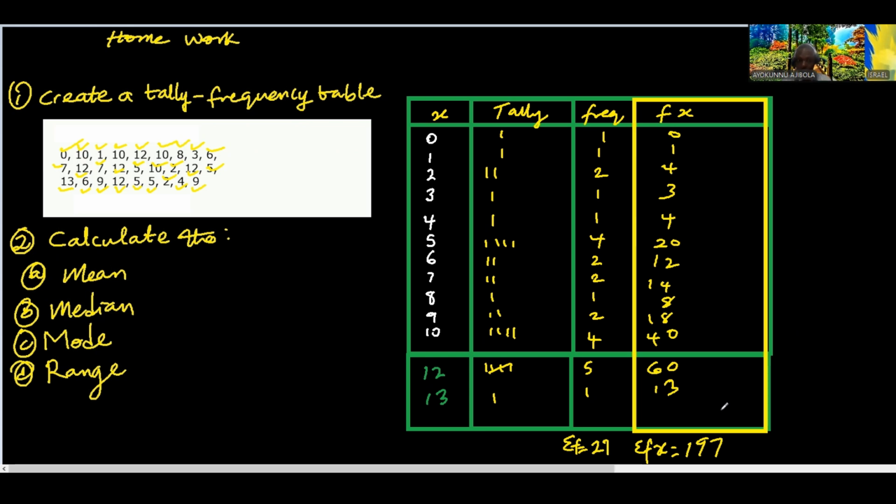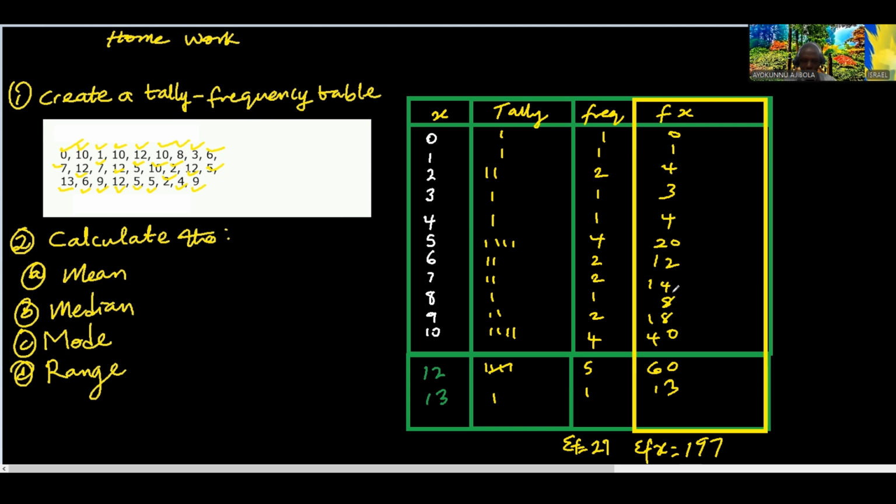Very quickly, let's cross check to be sure that the answer is right. So this is 1, this is 5, this is 8. 8 plus 4 is 12, right? Then 12 plus 20, that's 32, right? 32 plus 14, that's 46.